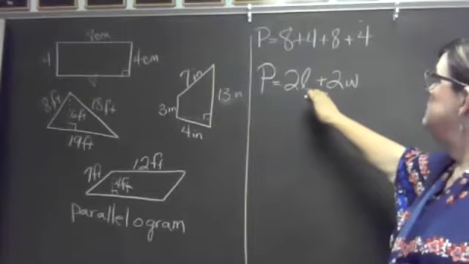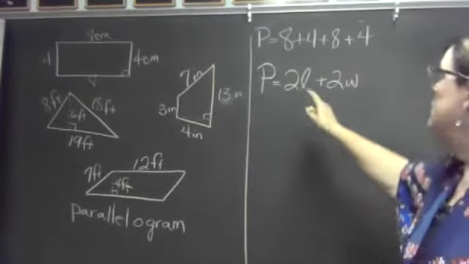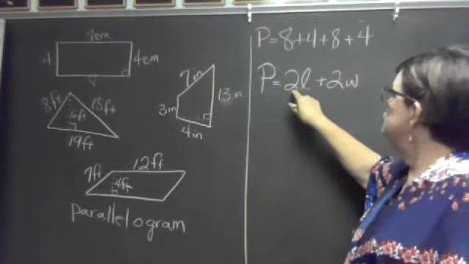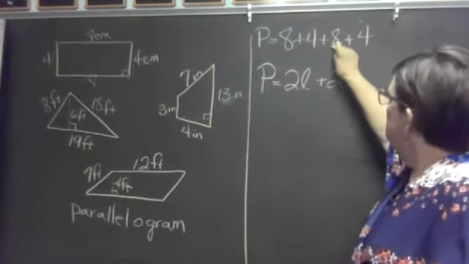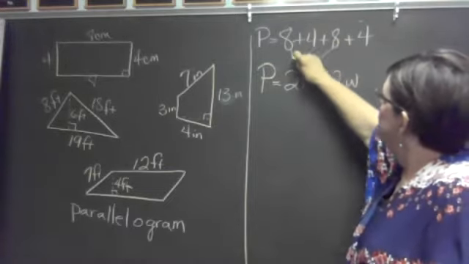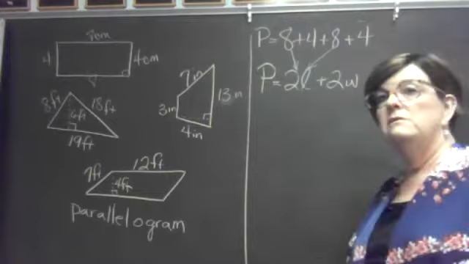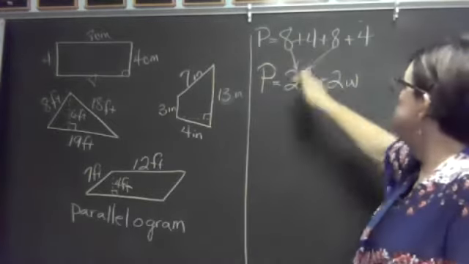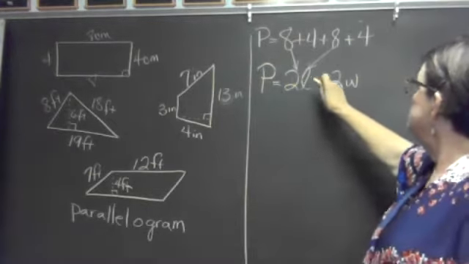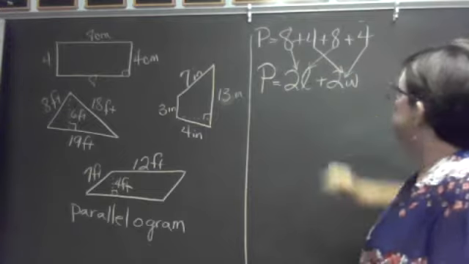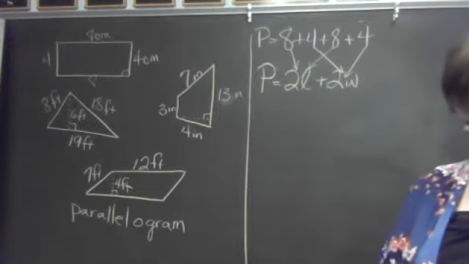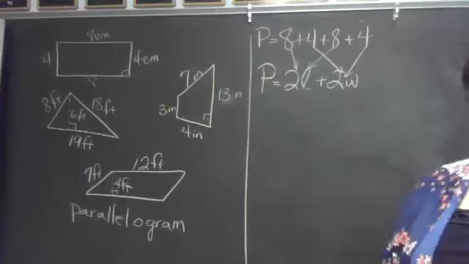This says I'm going to take 2 times the length. So that's where these come in. See, there are 2 lengths plus 2 widths. So it's actually the same thing.